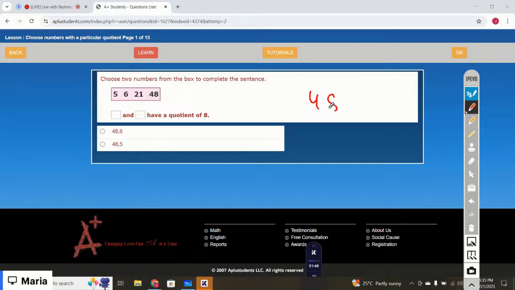6 times 8 is 48. So the numbers are 48 and 6.